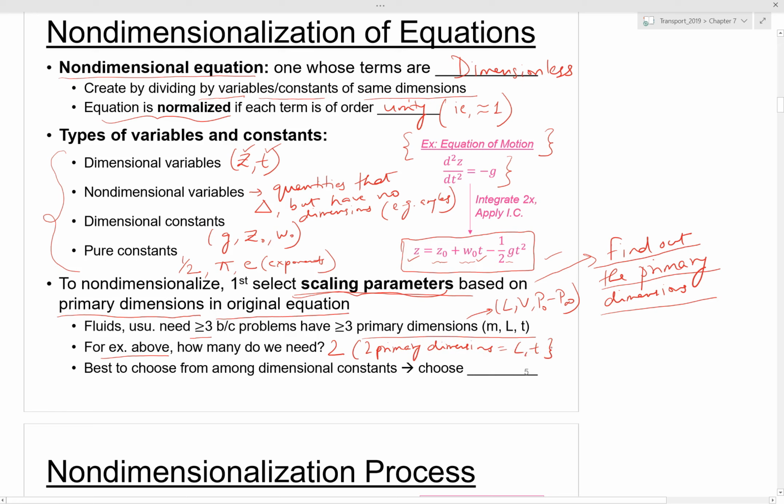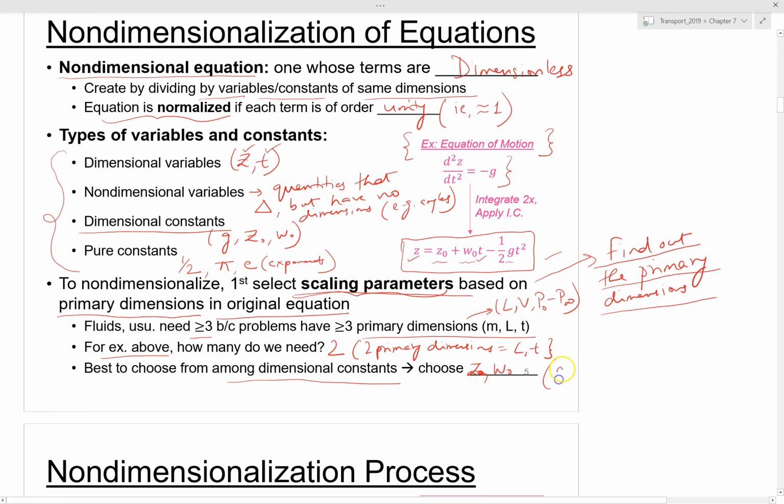Right? Now once you choose the primary dimensions, then you use the dimensional constants, which is Z0 and W0.